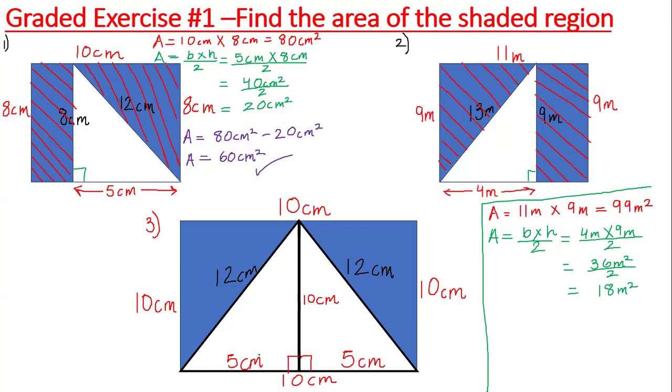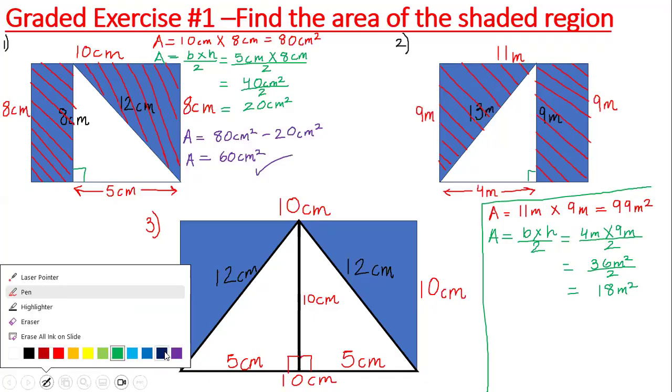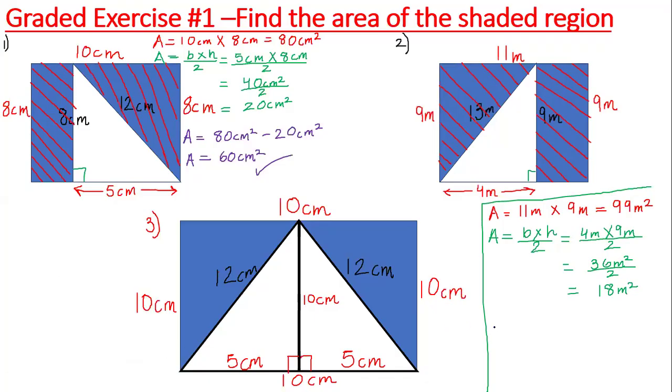Are we done? No, sir. Okay, what do we have to do now? The total area, which is 99 minus 18. You subtract them. Very good. Thank you, Amari.